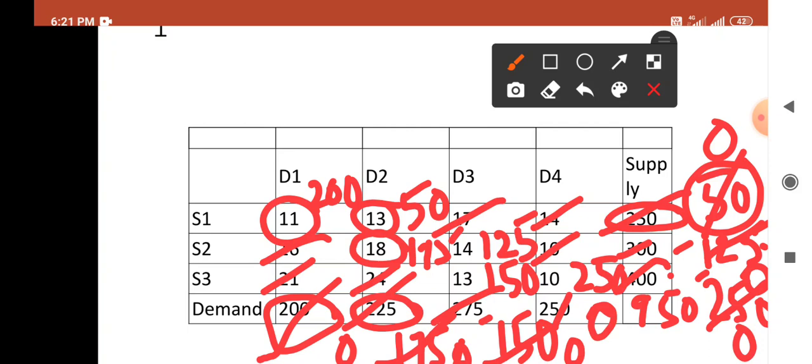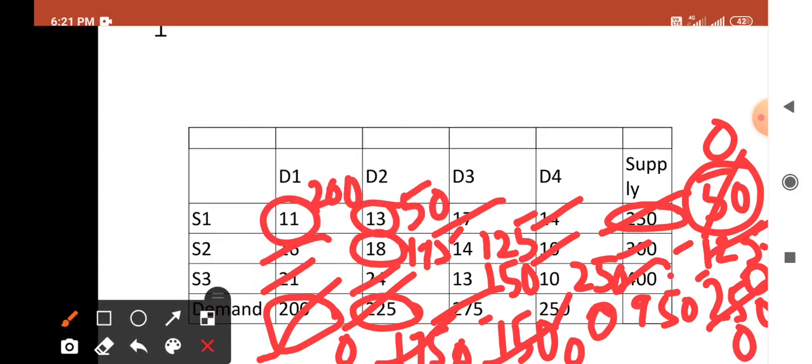Now we have got the allocations, and we have to calculate the transportation cost.